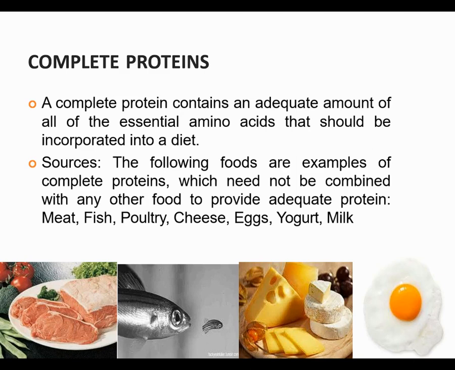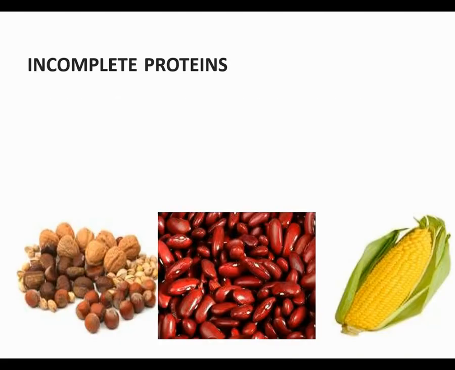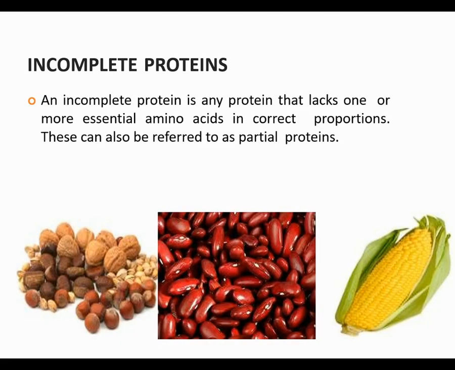Now, incomplete proteins, on the other hand, are lacking some essential amino acids, or do not have them in correct proportion, and that's why it's also called a partial protein. Even if it contains some essential amino acids, if it's lacking the others, it's still considered an incomplete protein.